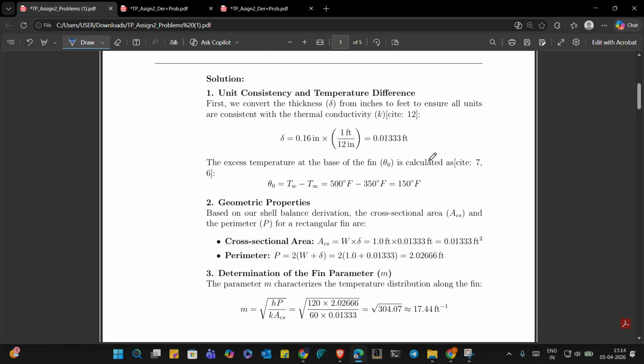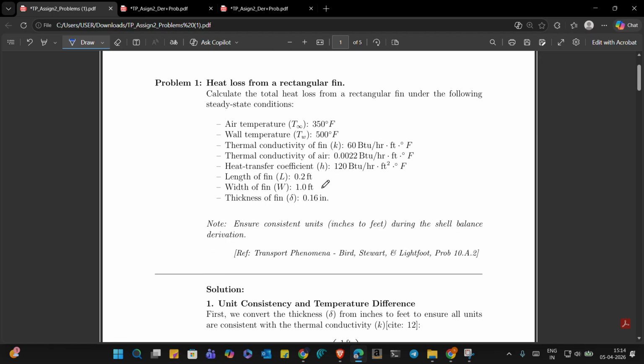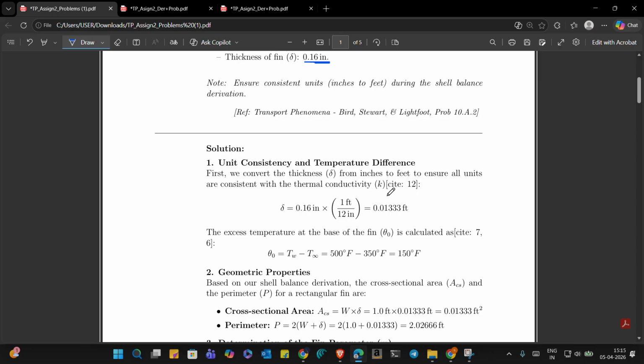First of all, we are going to have unit consistency. We have been provided with the thickness in inches. So we have to change this thickness into feet for the unit consistency. According to this conversion, we change our thickness of fin to feet.